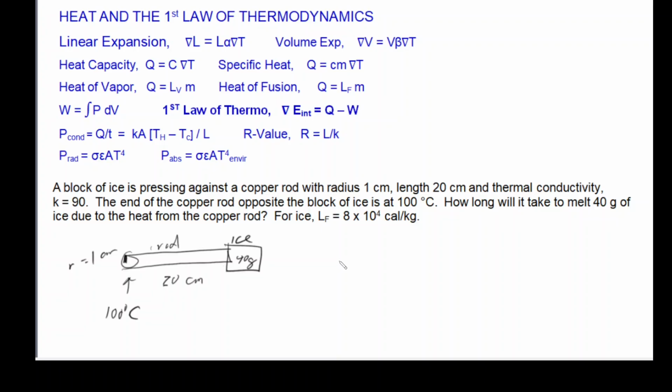Well, the conduction of heat is given as the amount of heat transferred per unit time, which is equal to K, the thermal conductivity, times area, times the hot temperature minus the cold temperature, over the length of the rod.